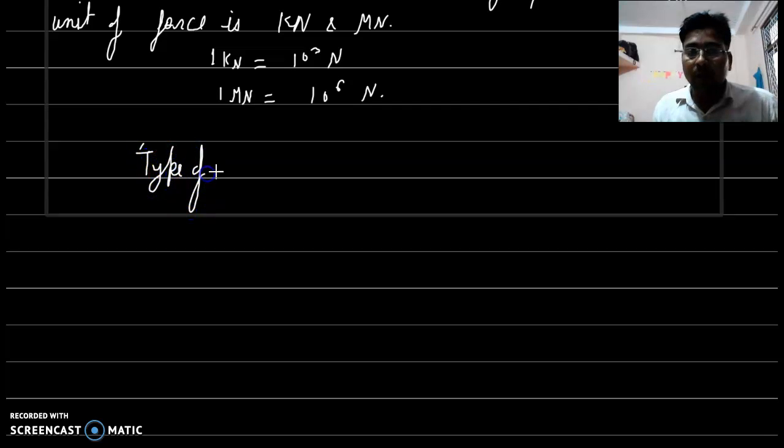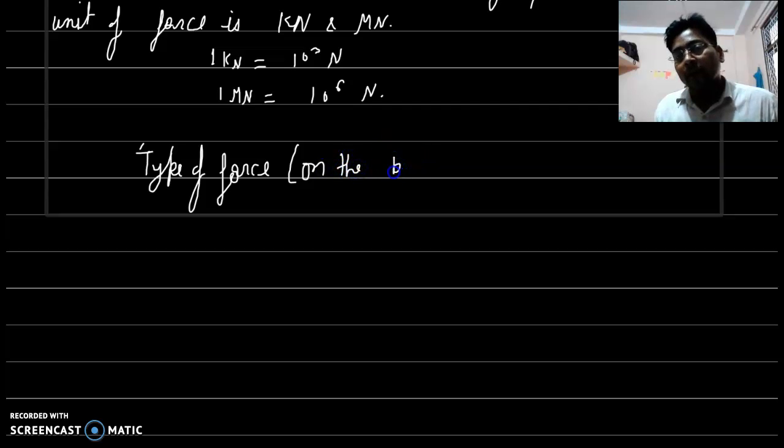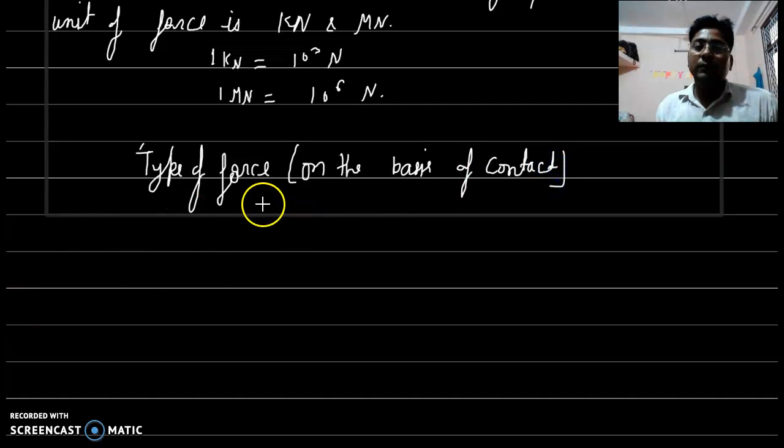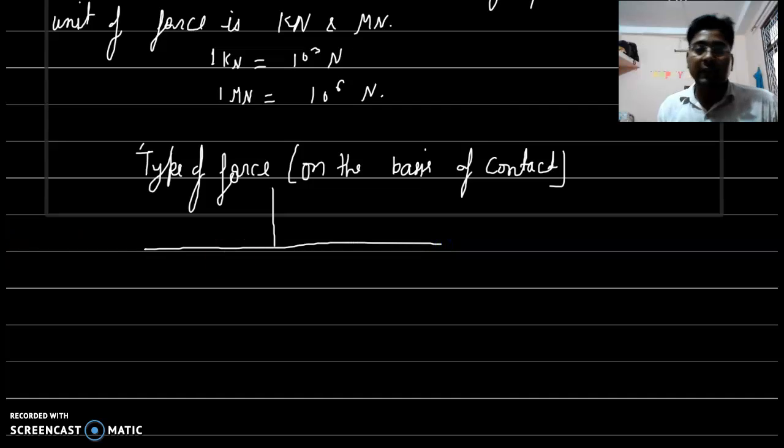So type of force on the basis of contact. On the basis of contact, the force are classified into two types. First is contact force and second is non-contact force.